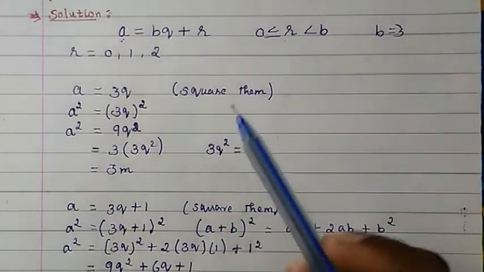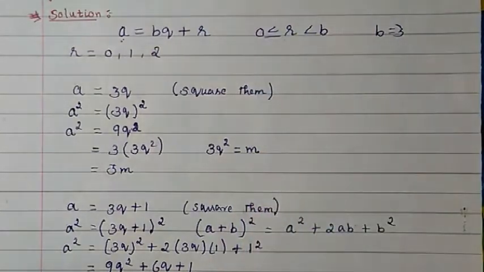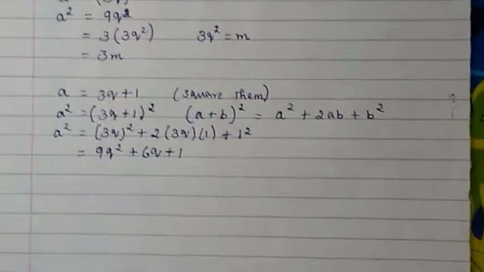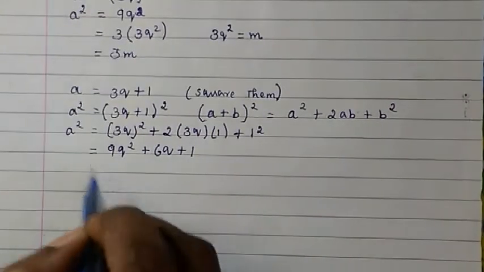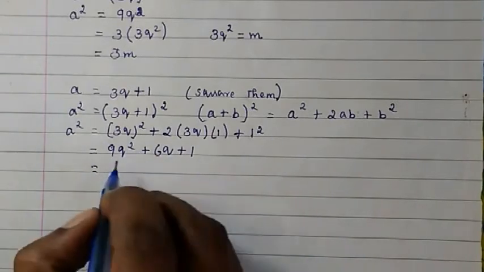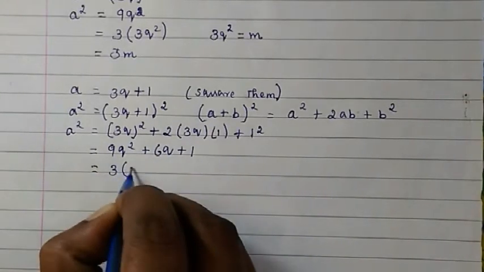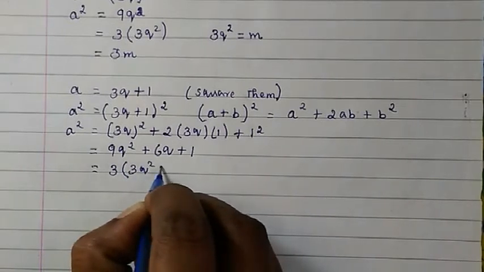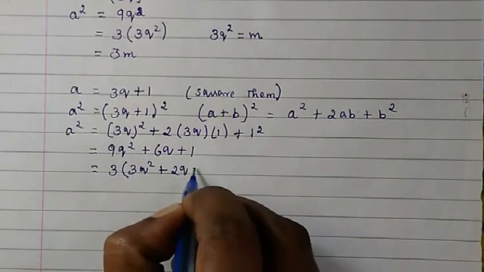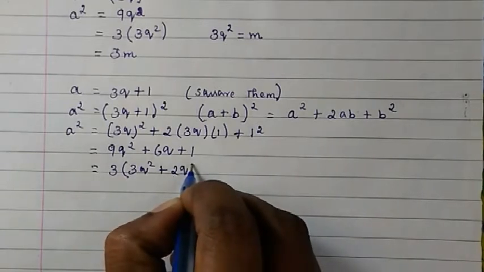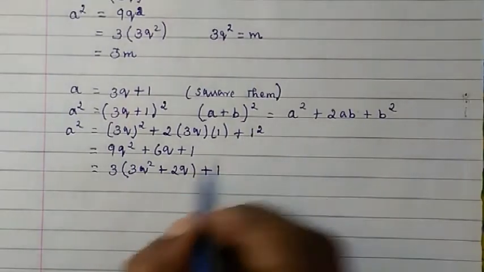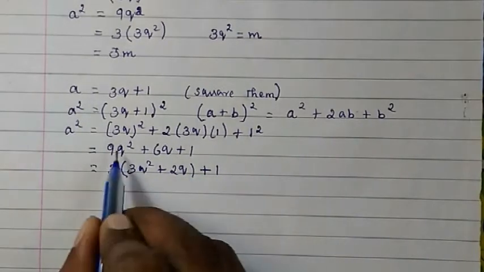Now we have to write it in the form of 3m plus 1. Therefore, 9 is divisible by 3, 6 also is divisible by 3. So let's take 3 as common. So we'll have q square plus 2q and 1.